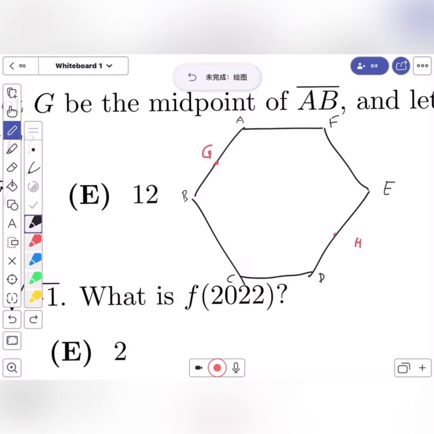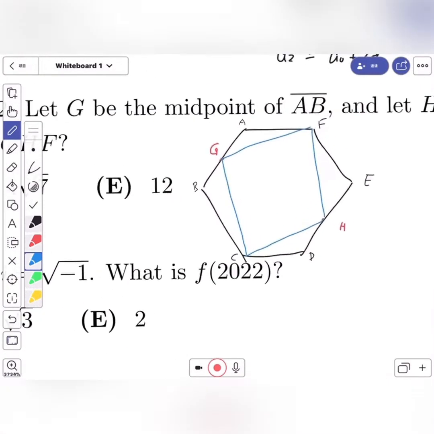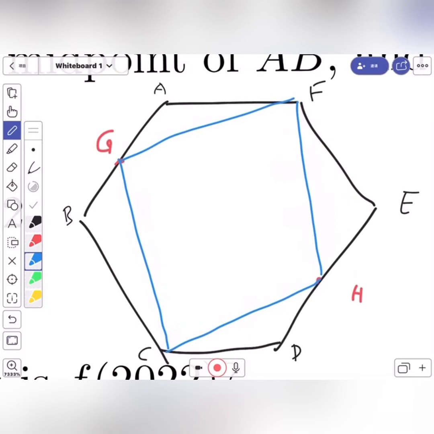So we draw a connection. Sorry for this terrible drawing, but we can actually see that because this is symmetrical, all these lengths are essentially just the same. So it's a rhombus.